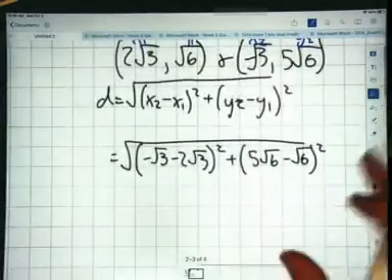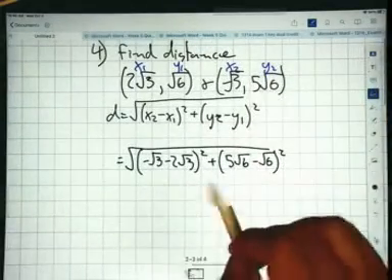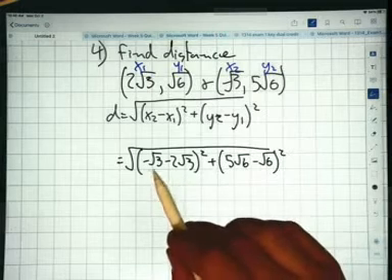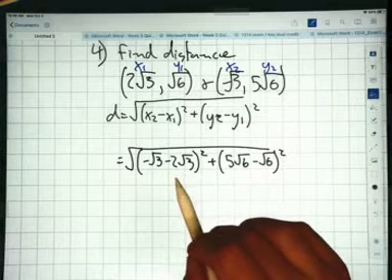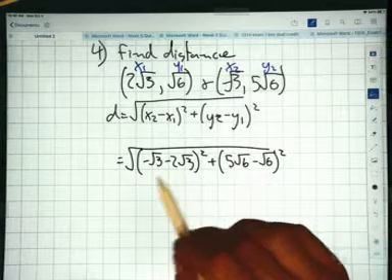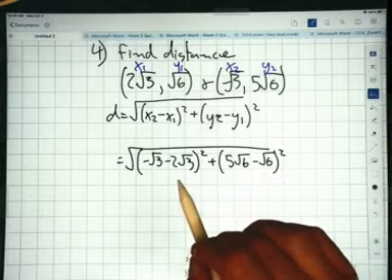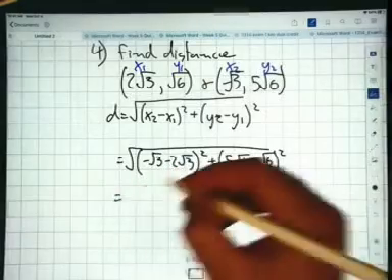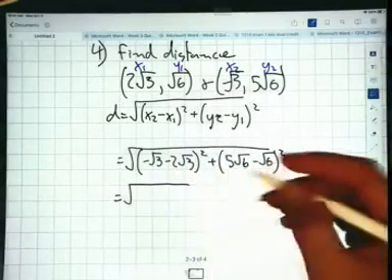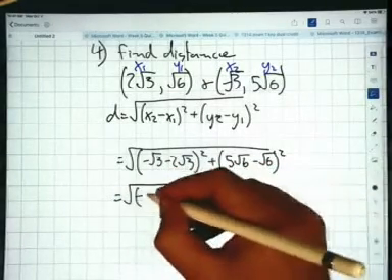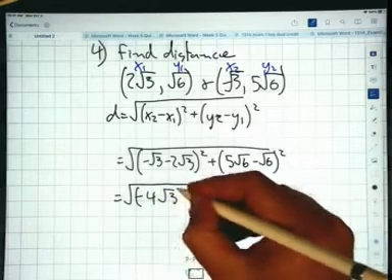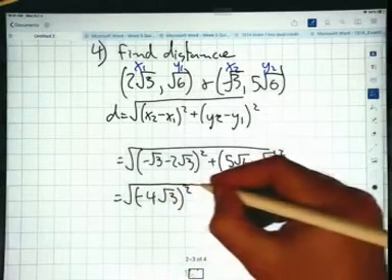And we're going to combine these just like if you're combining negative 3x and a negative 2x together. Negative 3x and a negative 2x would make a negative 5x, right? So instead of x's though, we're doing root 3's. So we have negative 4 root 3 quantity squared.